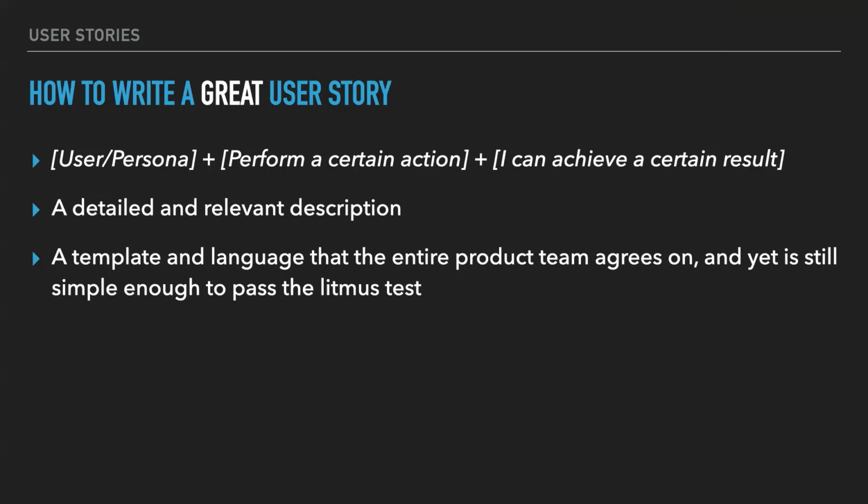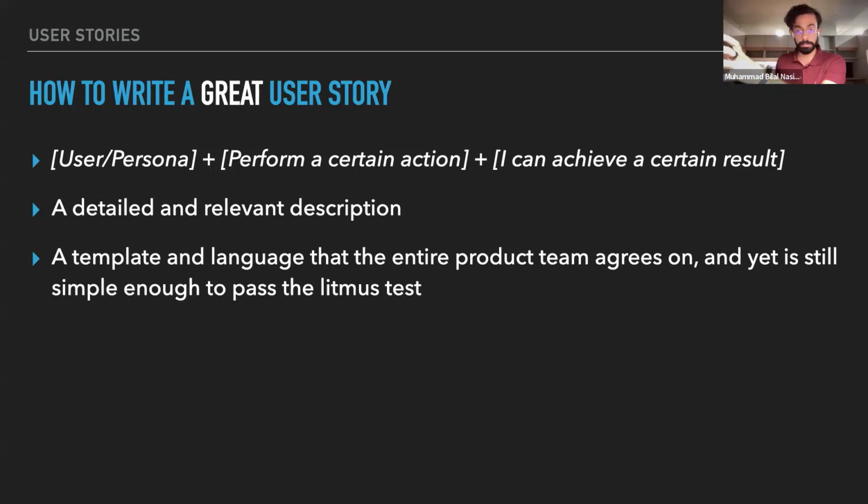Okay. How to write a great user story is जो हमने उसका formula पढ़ा था, the three things: persona, a purpose, and a need. Then we saw how to write a detailed and relevant description so that you can add the meat to the story. एक तो आपका टाइटल बन गया, फिर आपकी सारी डिटेल्स आ गई हैं. You have a good solid detail.